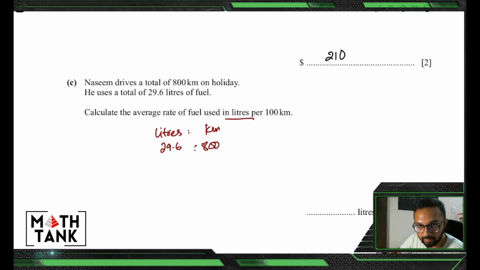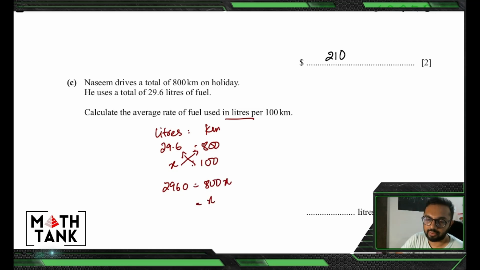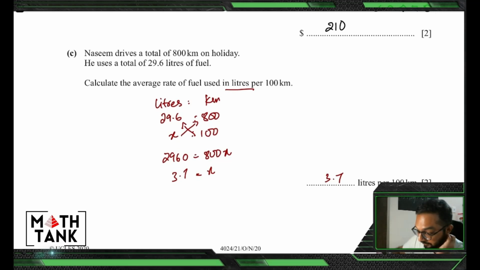So that's 29.6. I want 100 kilometers. So how much did you use for 100 kilometers? I'm just going to cross multiply that and get you a final answer. So that's 2960 equals 800x. So x is 2960 divided by 800. That is 3.7. So 3.7 liters per 100 kilometers. It's a very good average.